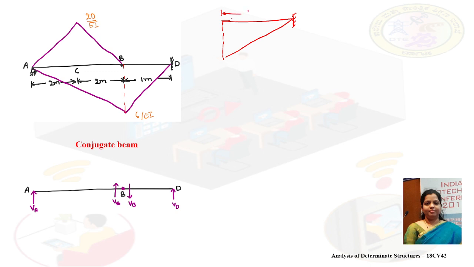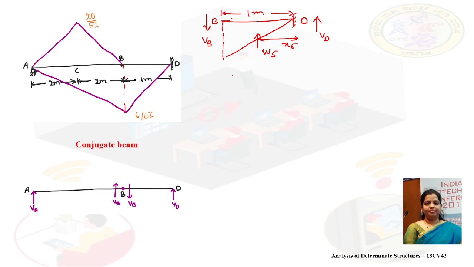This is 1 meter. Let me call this W5, the CG distance from the support to D as X5. This is B. Now as you can see in the portion BD, VB is acting in the downward direction, VD is acting in the upward direction.